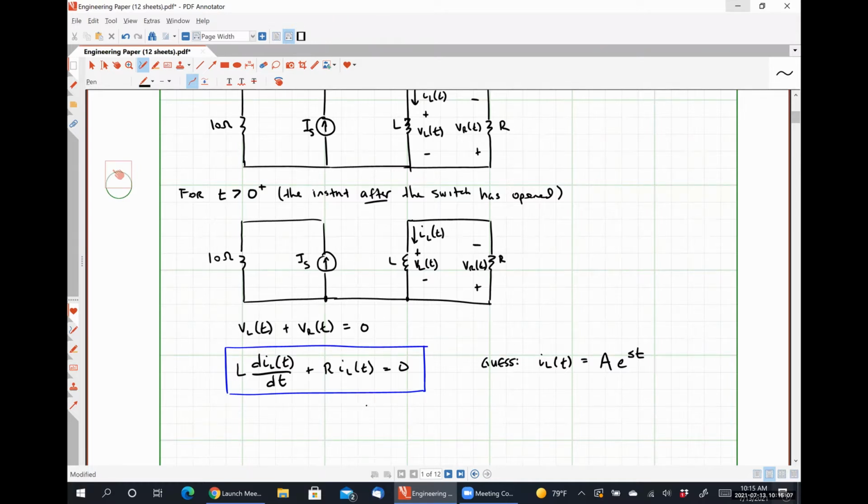Did that explanation of why we're only looking at the L and the R make sense? Not a problem at all.